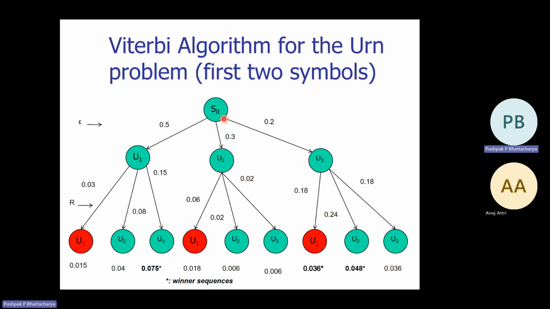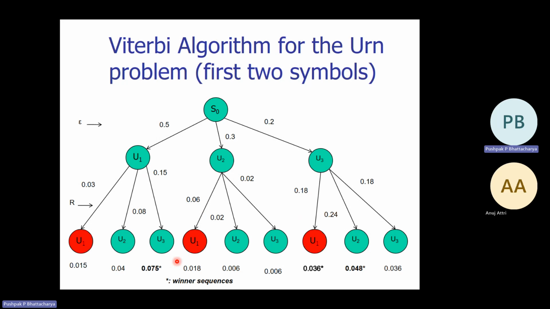So while from S0 we had 3 states, after the first observation also there will be only 3 states, because all the paths ending in U1 will give rise to only one path. All the paths ending in U2, only one path will remain. Similarly for U3.